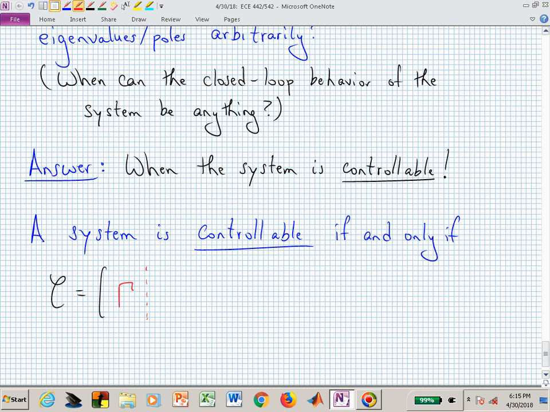How many rows are in gamma? How tall is gamma as a matrix? We've been talking about two states, Michigan and Nevada, M and N. What influences the number of rows in gamma, the input matrix?